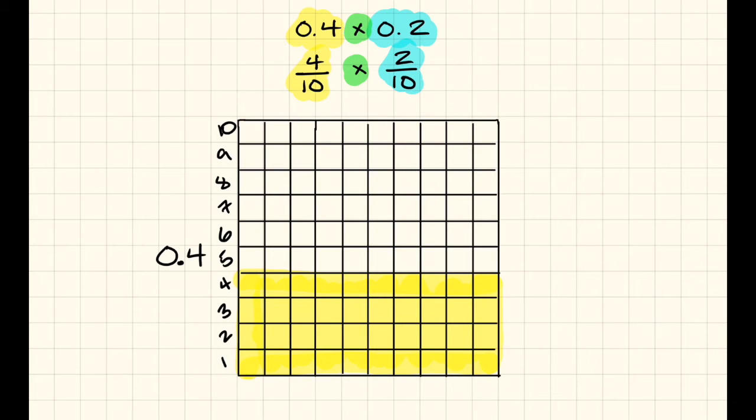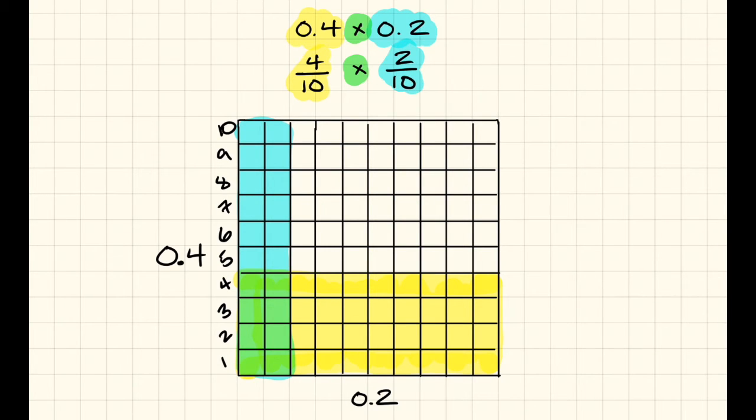So let's label down here, this is going to be our 2/10, and from top to bottom, I want to show 2 of the 10 columns being shaded. And although my coloring isn't perfect, you get the point. So we've got 2/10 and 4/10.